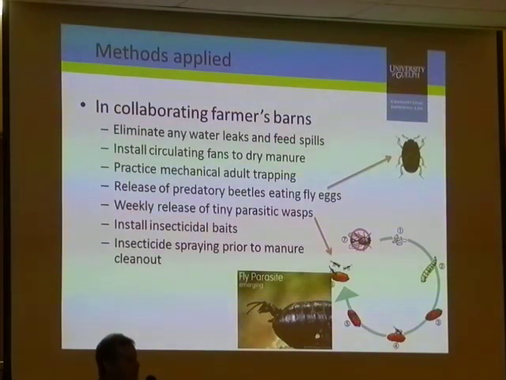So then no flies. We will release wasps every week into the collaborating farmer's barn. You see one emerging here. Justine and I were just looking at pupae that had some wasp in it, and they drill a very small round circle to exit the fly pupae.